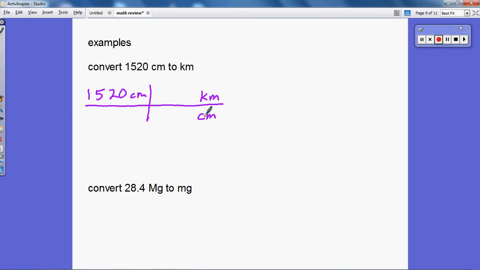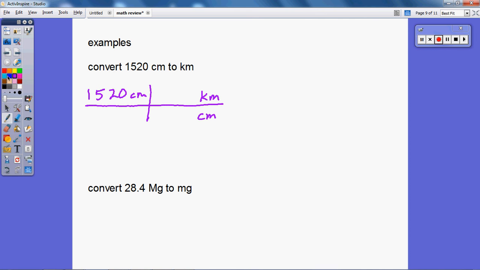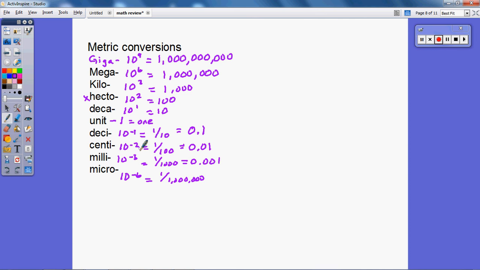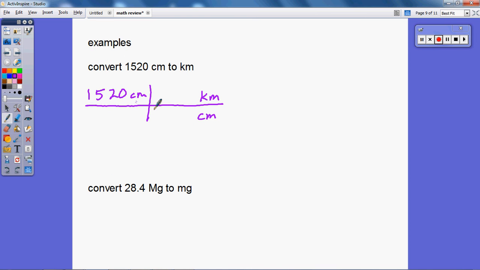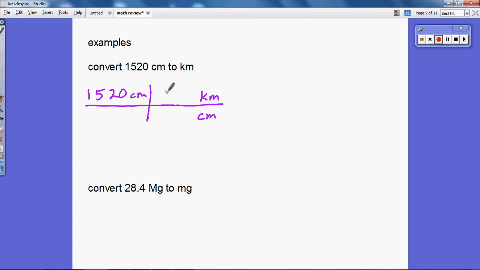I know that centi, looking back at my previous page, is 10 to the negative 2. So diagonal from there, I'm going to write 10 to the negative 2 there. Seems a little counterintuitive, but this works every time, promise. I look at kilo. Kilo means 1,000, which is 10 to the 3.